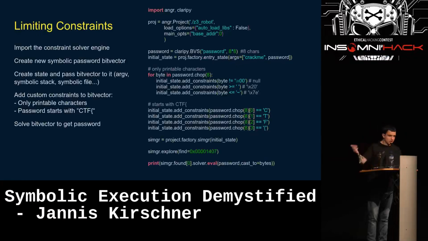Afterwards, you can just explore it as known and finally evaluate it. So it's really helpful for your CTF, especially the only printable characters constraint helped me in the past a lot.